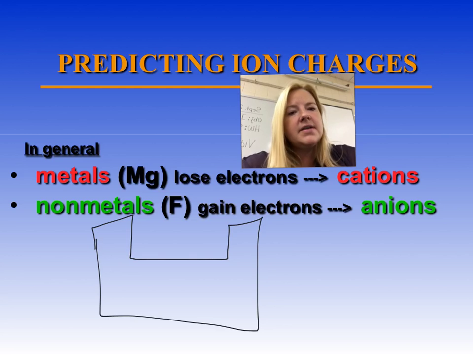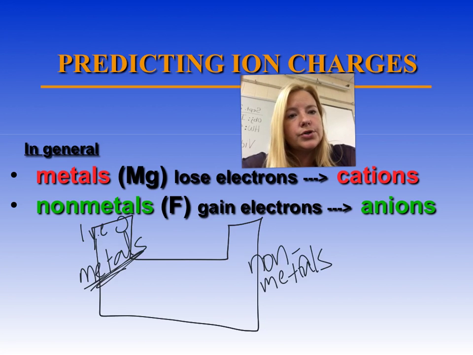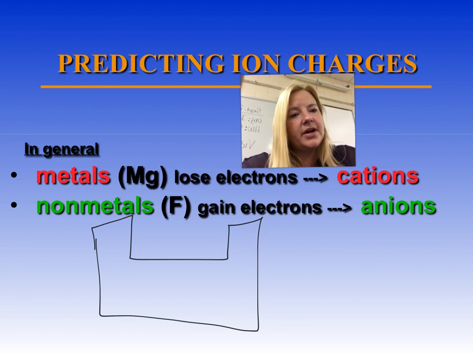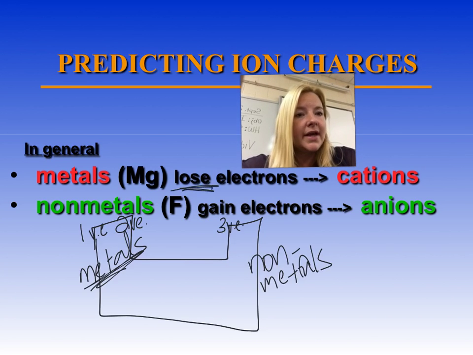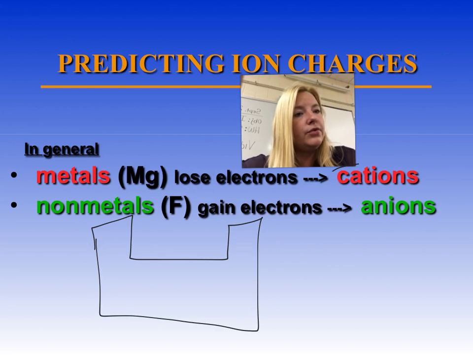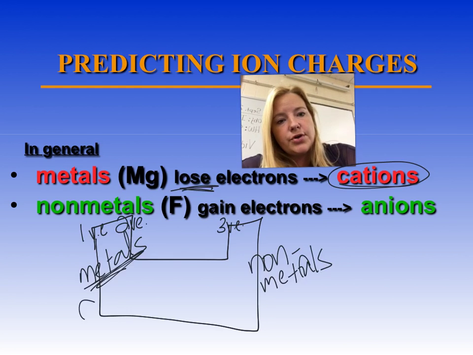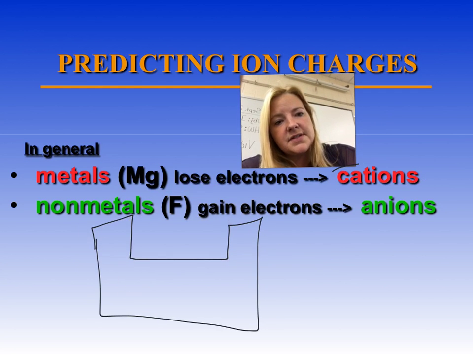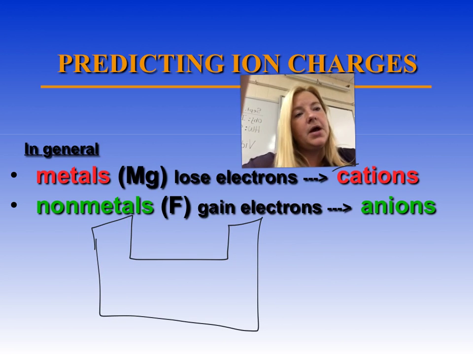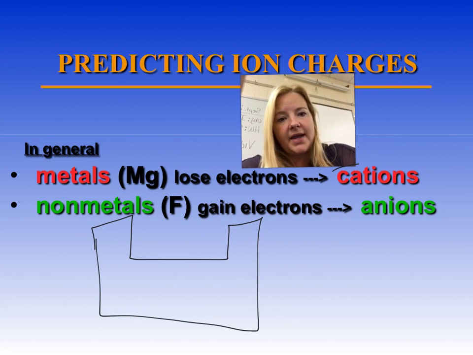And so because the metals that are on the left have 1 valence electron in their outer shell, or 2 valence electrons, or 3, it's much easier to lose those electrons. And when you lose electrons, you end up with an overall positive charge.